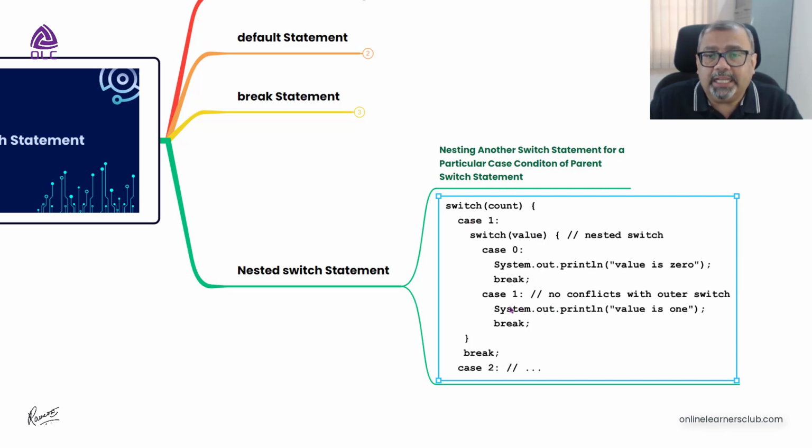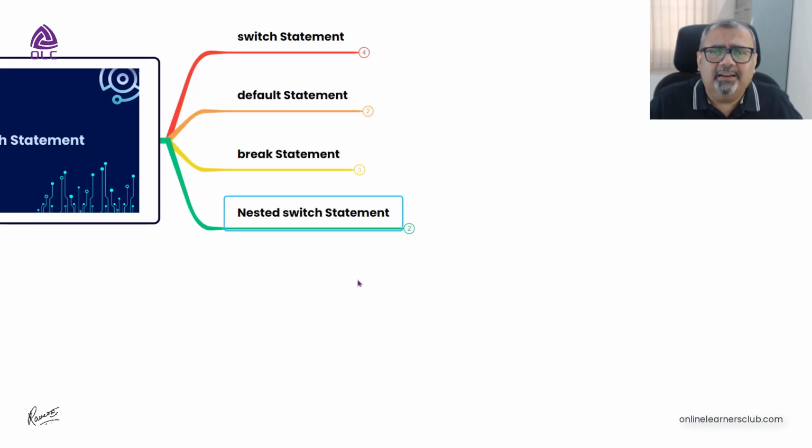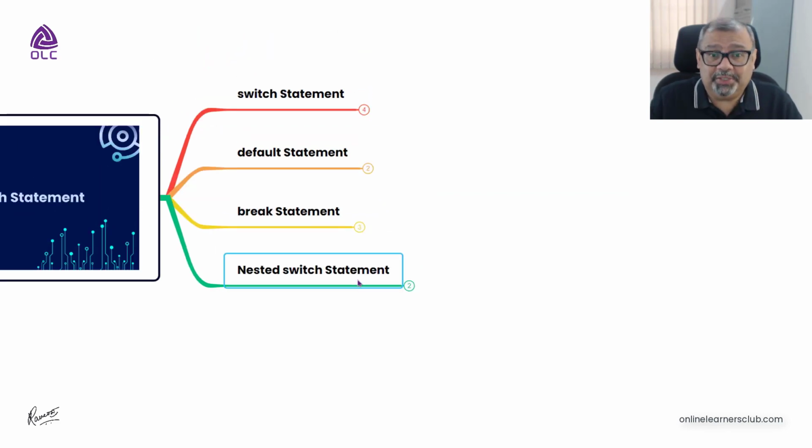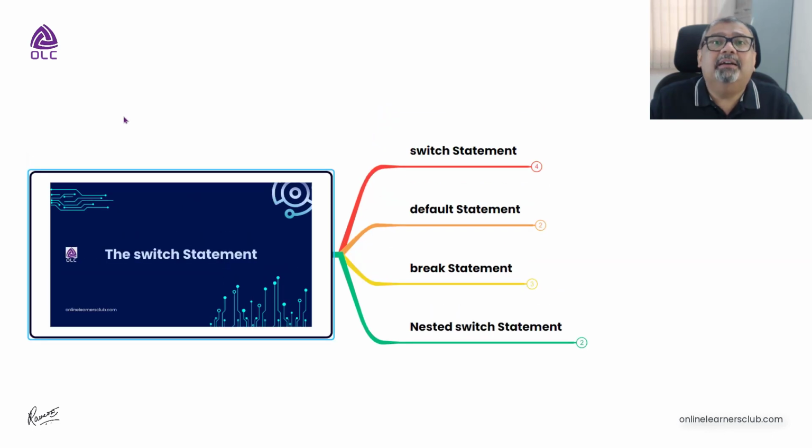So the case 1s do not have any conflicts because they are 2 different switch statements nested one inside the other. This is also another option available, typically useful for some complex computations. So this is about the switch statement, which can be used for the standard selection based logic in your program.